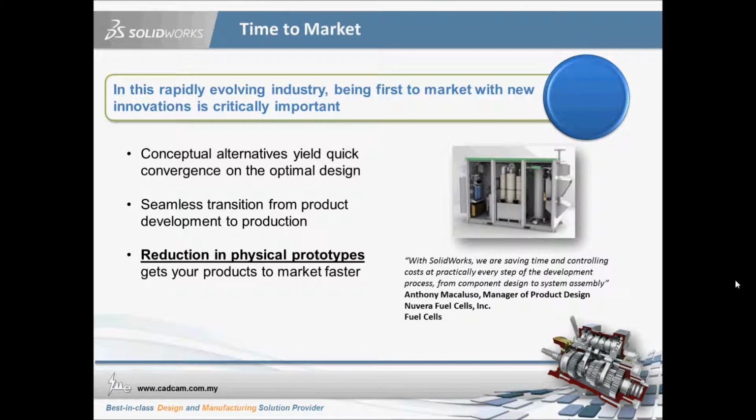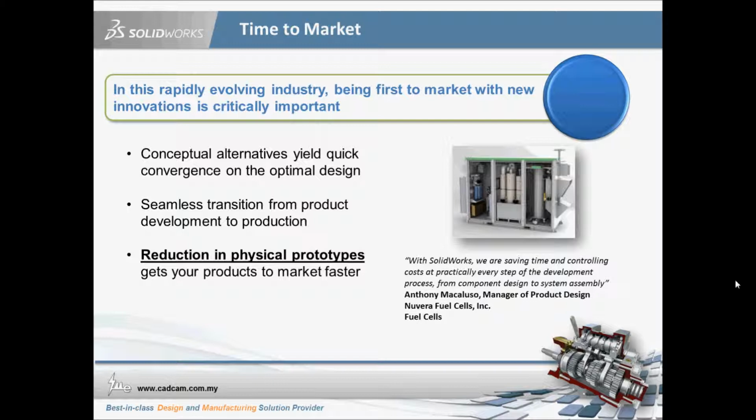Now, moving on to time to market. This is another concern that every industry has, because in this rapidly evolving industry, being first to market with new innovation is critically important.